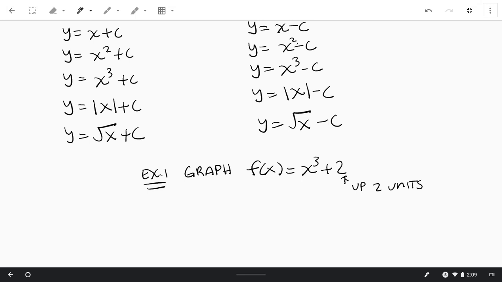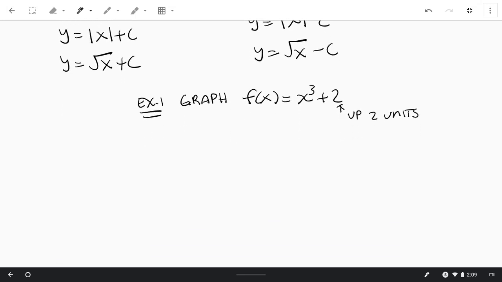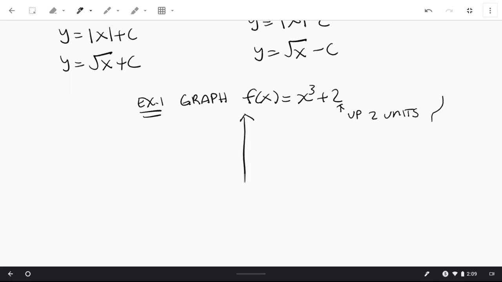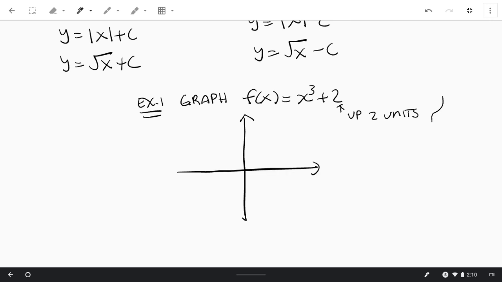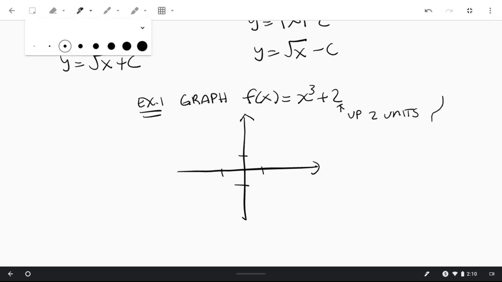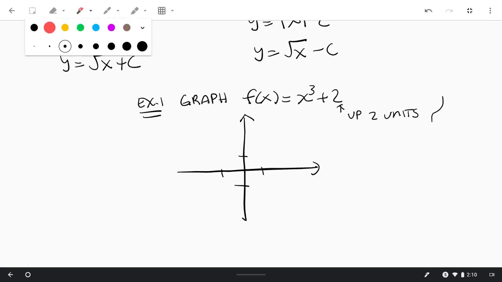Let's go ahead and graph the basic graph of x cubed. And remember, it's this one. If you recall the 3 basic points for x cubed, the graph looks like this.